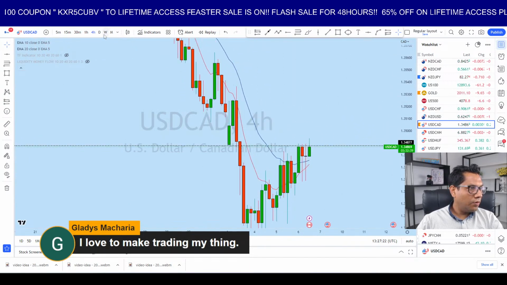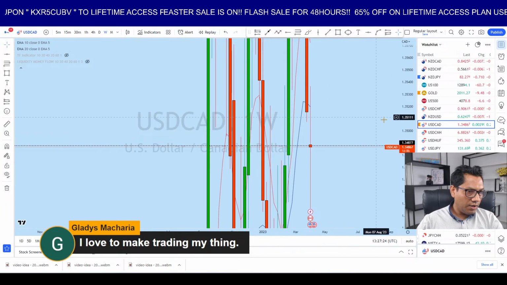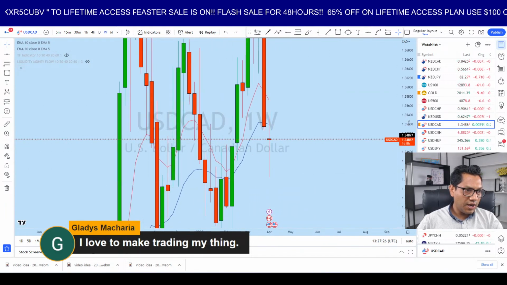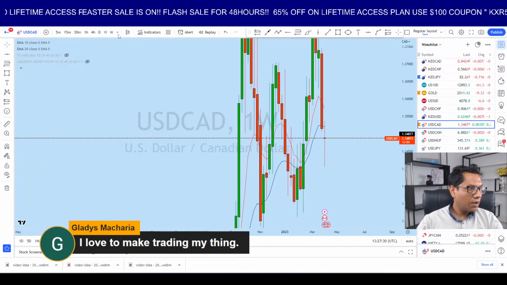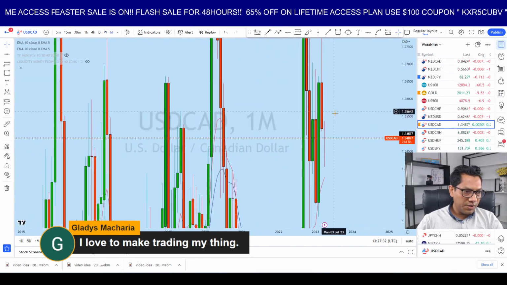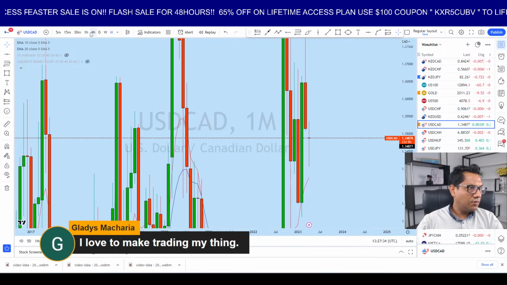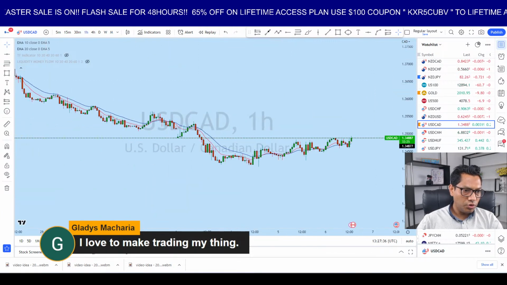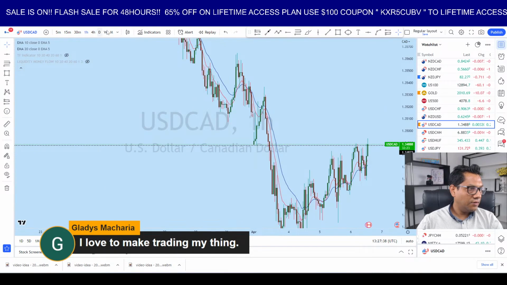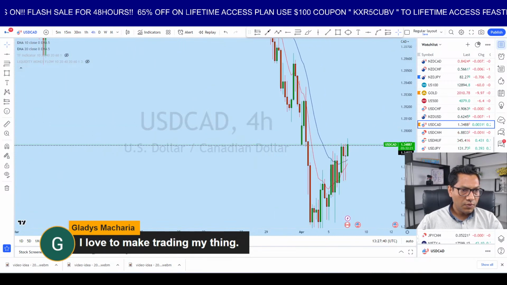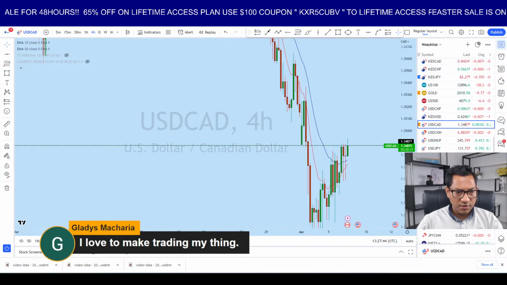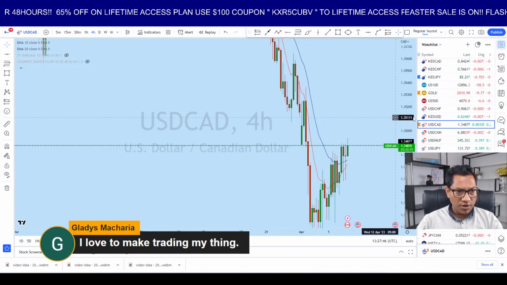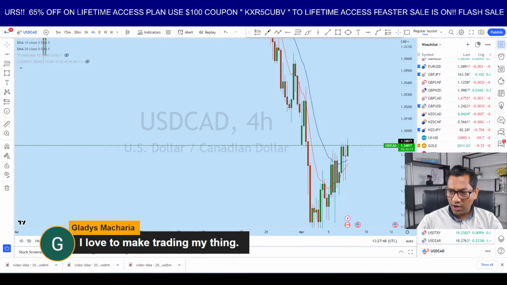From the weekly, we see that USD CAD is a doji, a weekly doji. Any break of this doji to the upside will give us a selling opportunity on USD CAD. It is highly likely that we'll see that rejection. I will be waiting for a selling opportunity on dollar CAD.